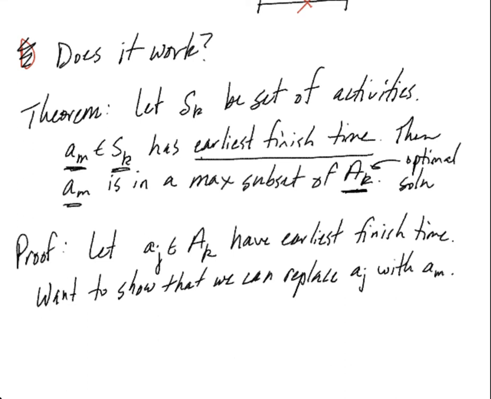Which means if we can replace A sub j with the one with the earliest finish time in the entire set of activities without messing anything up, then we can show that A sub m is in the optimal solution. So, suppose they're not equal. If they are equal, then we're done.